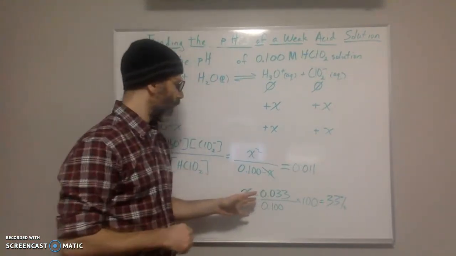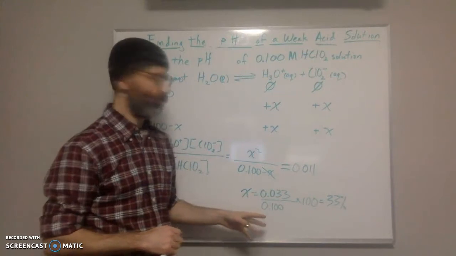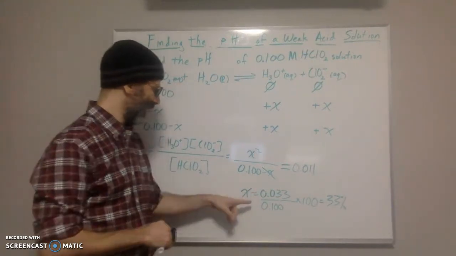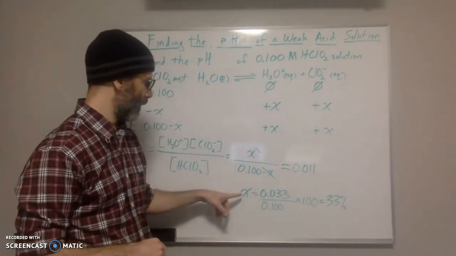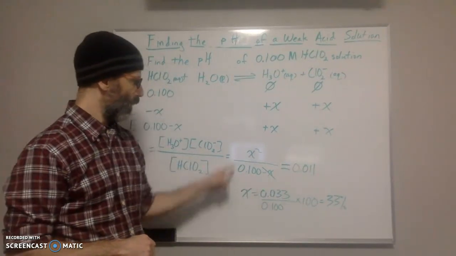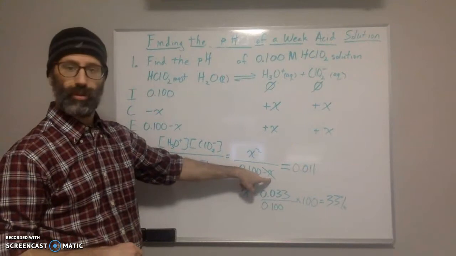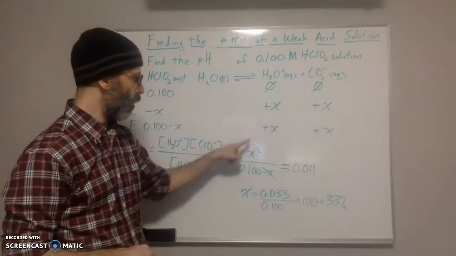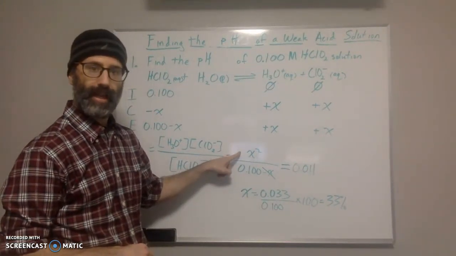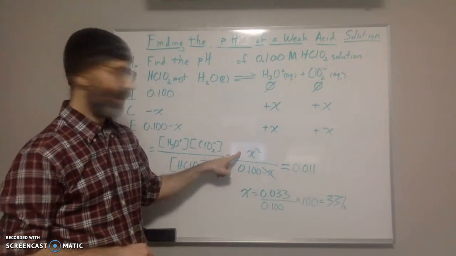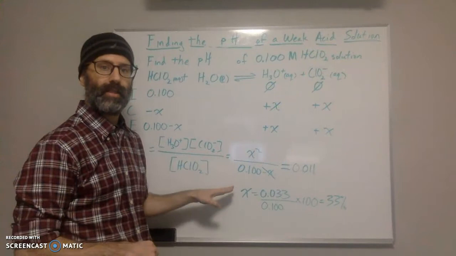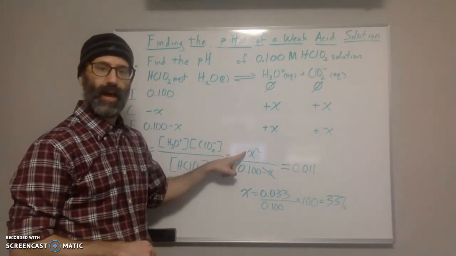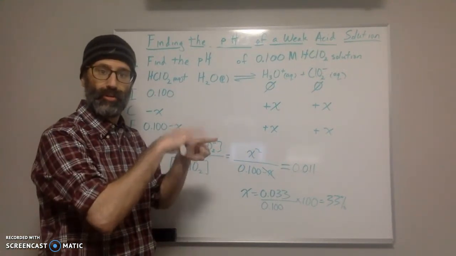So the successive approximations is where I would take my x value that I get, plug it into that x there and solve for x again, right? And then I would keep doing that successively until the x values don't change.